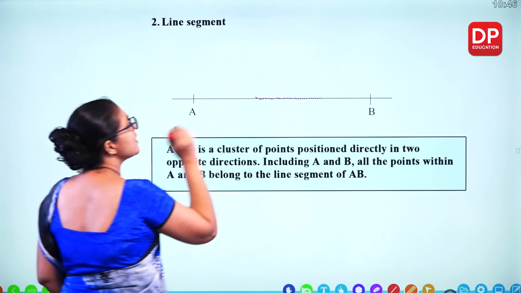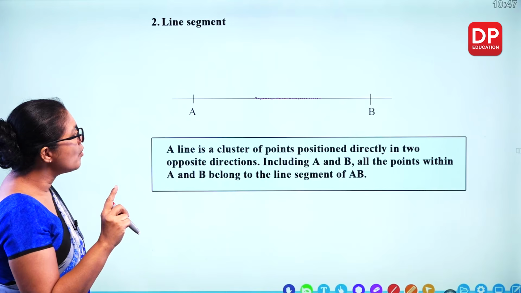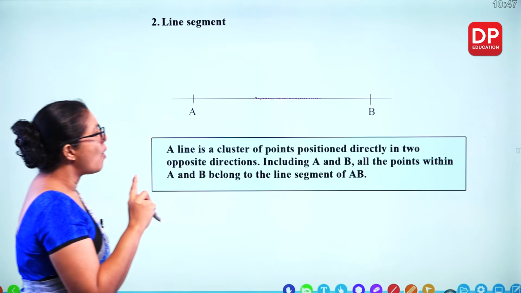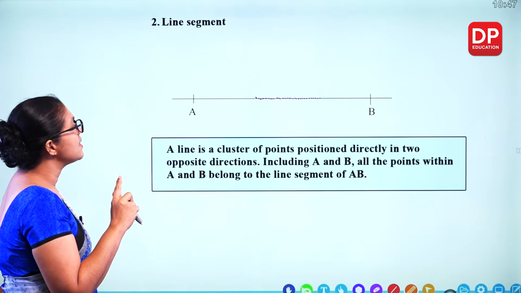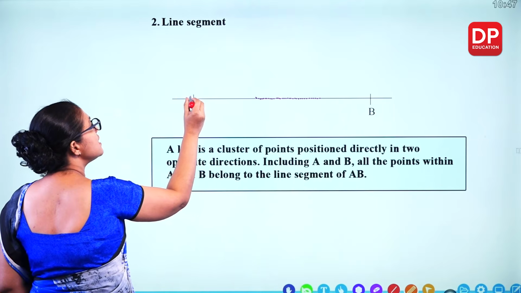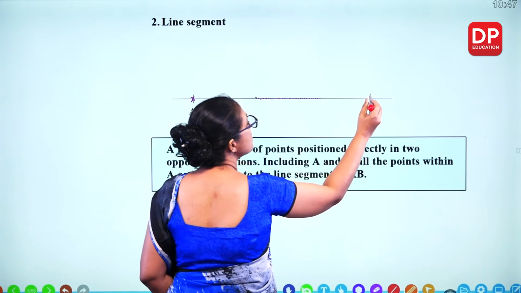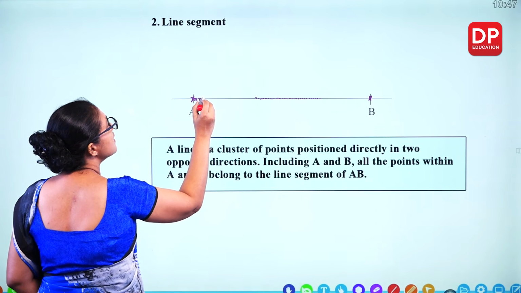So then you get a line segment, including A and B. All the points within A and B belong to the line segment AB. So when you take this line segment, the point A as well as B and all the other points inside are included in this line segment.